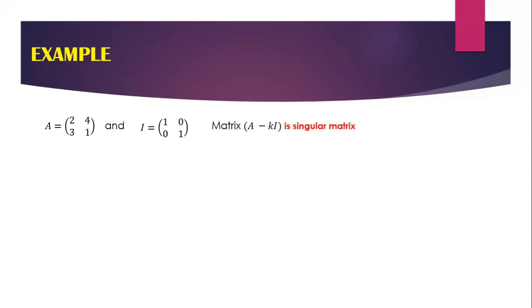Matrix A minus K times the identity matrix is a singular matrix. Find the value of K.